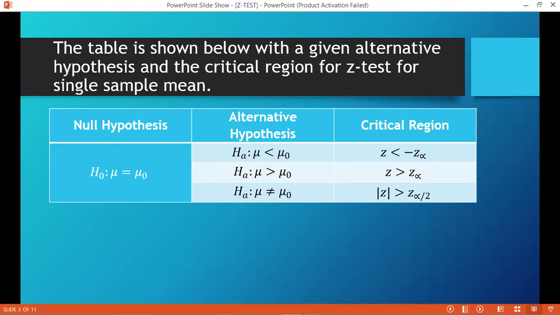Now, for your alternative hypothesis, remember that mu is your population mean. If the population mean is lesser than the sample mean, this is your critical region. If greater than, this is your critical region. If not equal to, this is your symbol. All right, let's go.